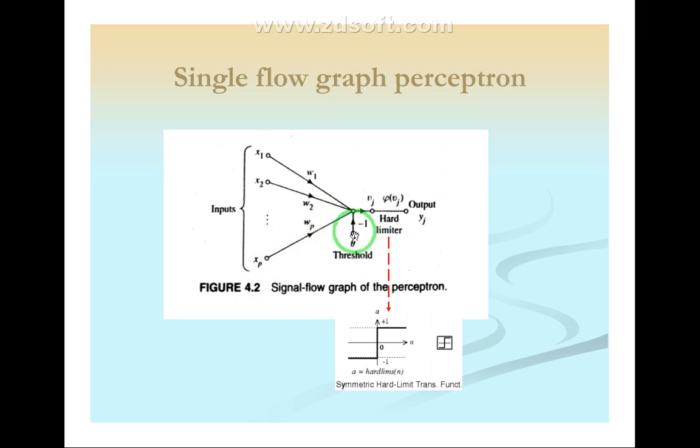In order to input the threshold, we can use a constant input of -1, and the output of the cell should be Vj, and with respect to the nonlinear transfer function for this single layer perceptron, we have used the hard limiter.